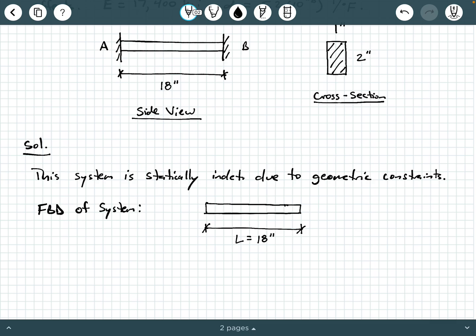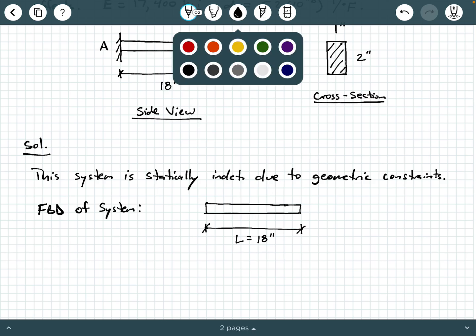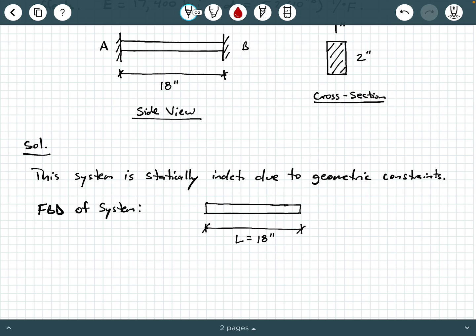Now, at these two fixed connections, you have to ask yourself what happens here. Well, if this is axially loaded, then we're not going to consider shear effects or bending moment effects. We're only going to consider axial reactions, and those are going to be reactions that are directed along the longitudinal axis of the bar.